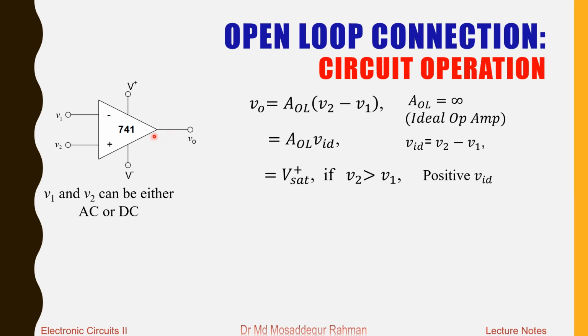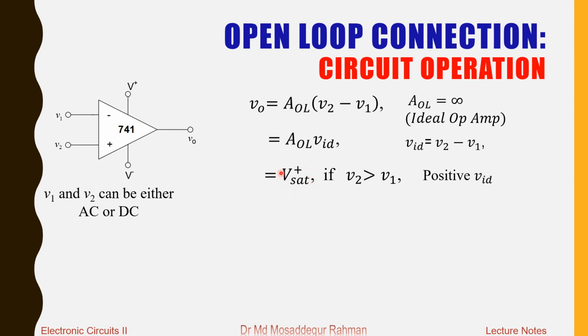It can be either positive or negative. Now, how do we know whether it will be positive maximum or negative maximum? That will depend on the relative value of V2 and V1. If V2 is greater than V1, then VID will be positive, and you can expect a positive maximum voltage. That is called V saturation voltage.